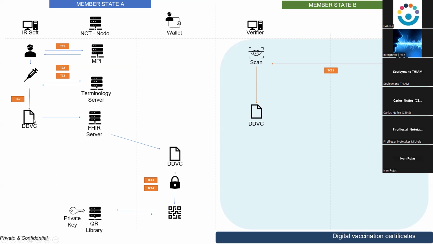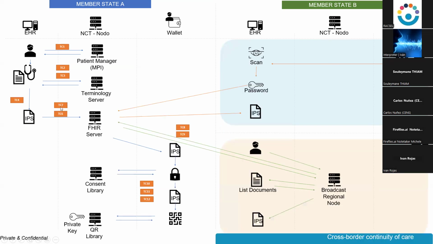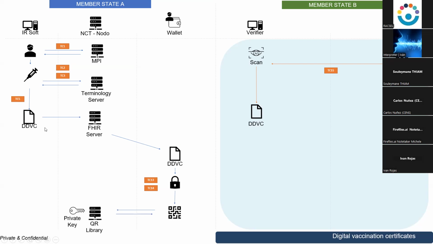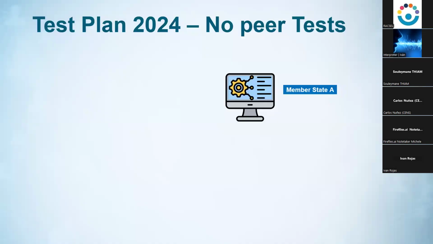And after that, you can push that IPS VAC in your file server. That's the test TC7 and TC6 to push the document in your file server. And after that, you can go to the transformation of the IPS VAC in the QR code and validate also the other countries' QR code. So globally, all of these tests are divided as it is.